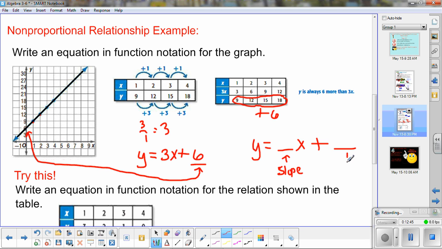And this right here is the y-intercept, or where it crosses the y-axis. We will talk a lot more about this in chapter 4. But for now, like I said, just think of it this way. The rate of change is 3. So here's my line of y equals 3x, but it's been shifted up 6 units, so we have to add 6 to it.